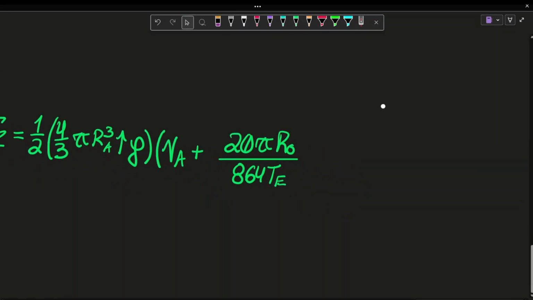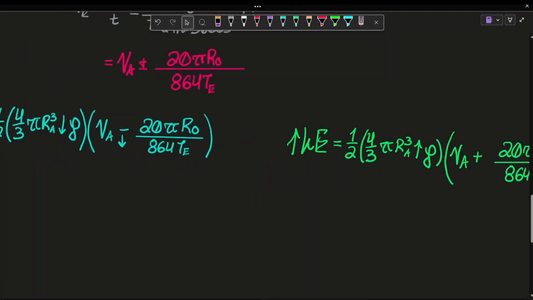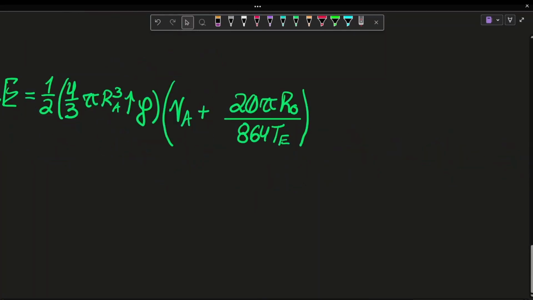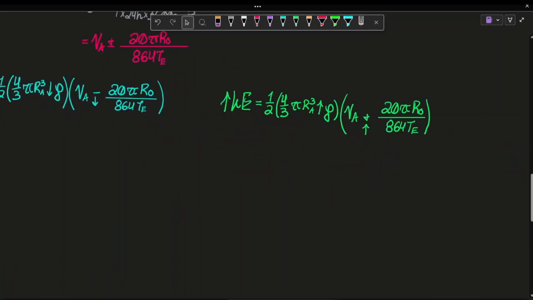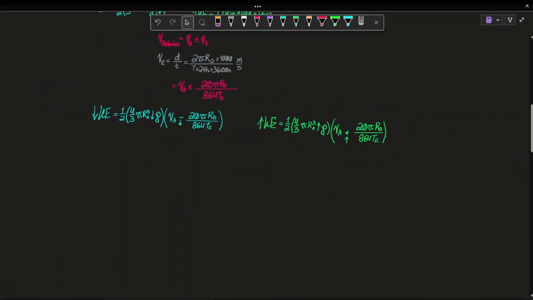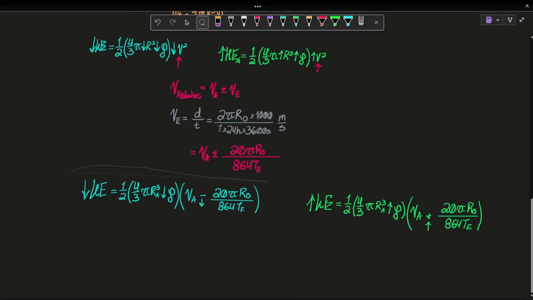And then from here, you just have to plug in values. Now what you have to remember is that the density will change depending on whether you're considering the maximum or minimum situation.